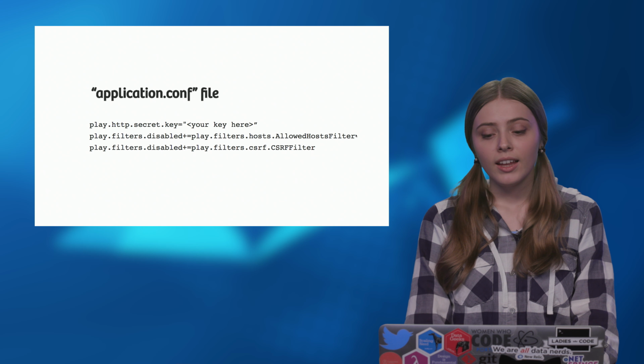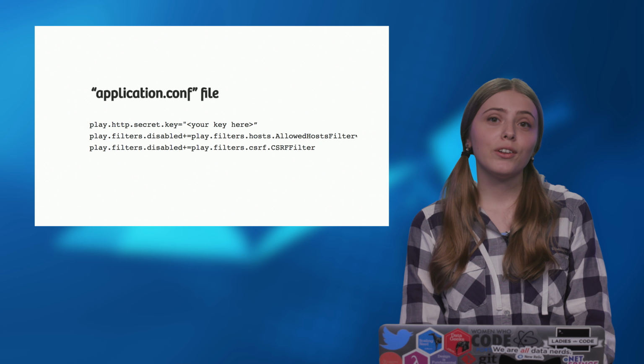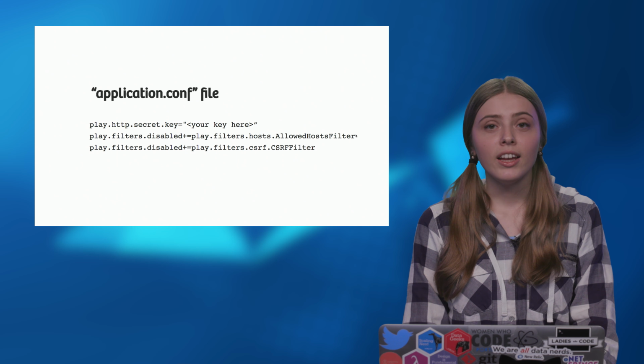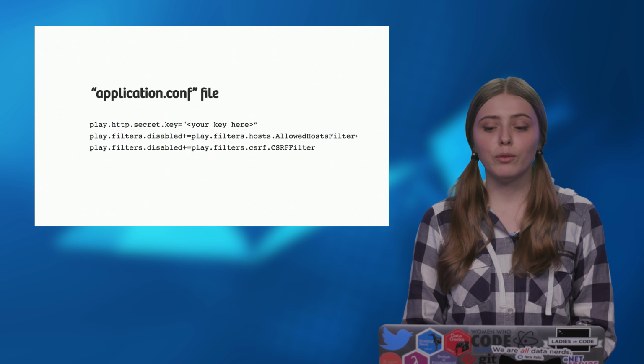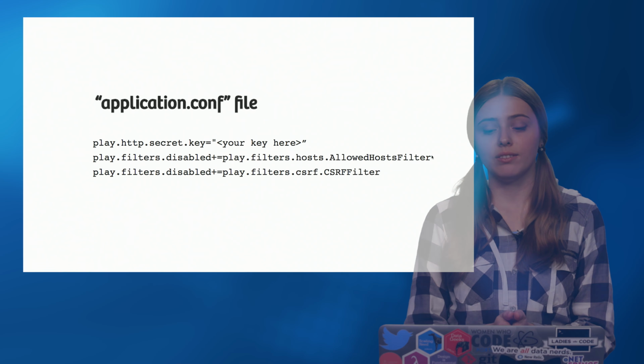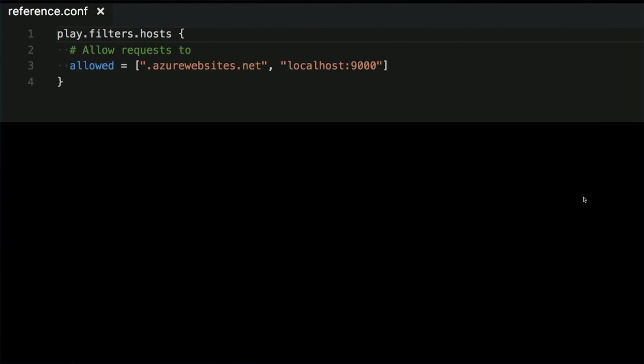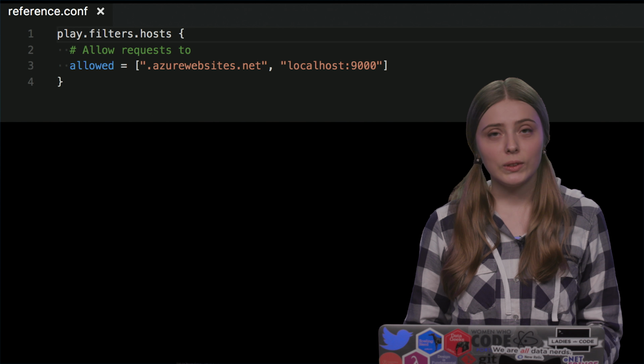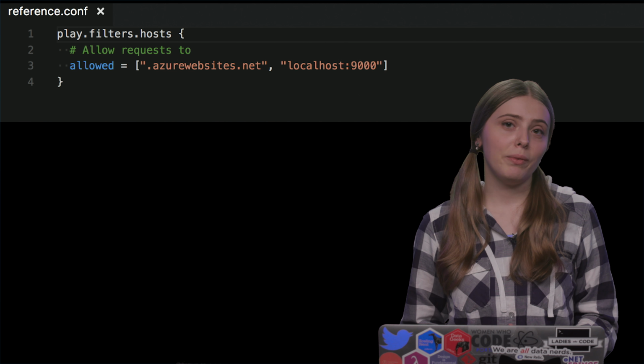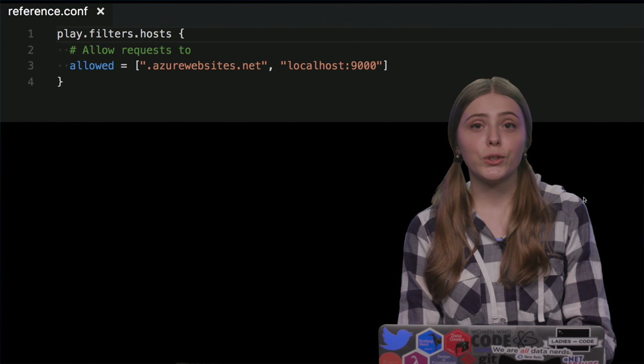It is also possible to create a file called production.conf if you would like to set some of these values to different values. In the reference.conf file here, we're just allowing access to some of the host names that we know we're going to be accessing our web server from.